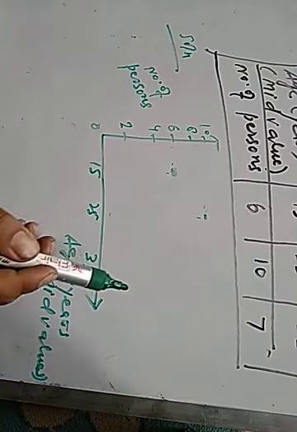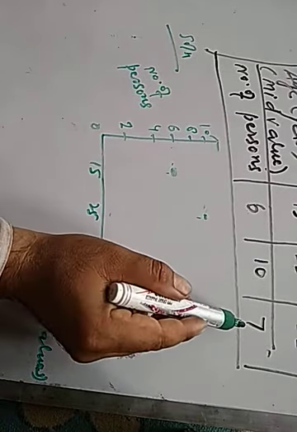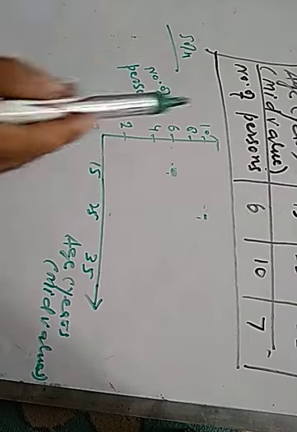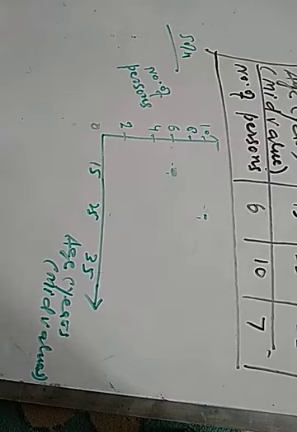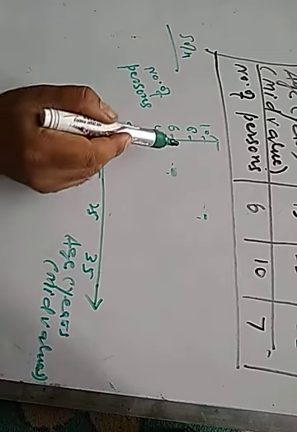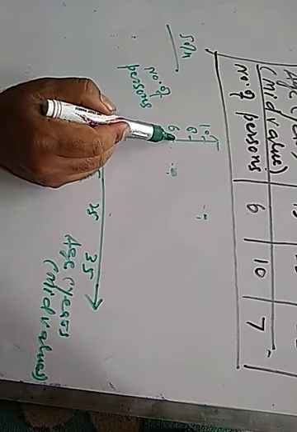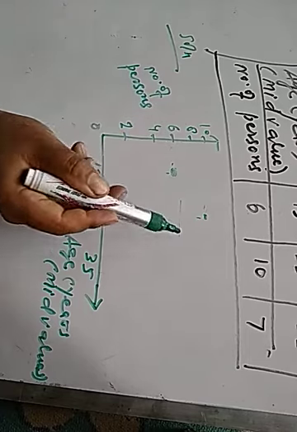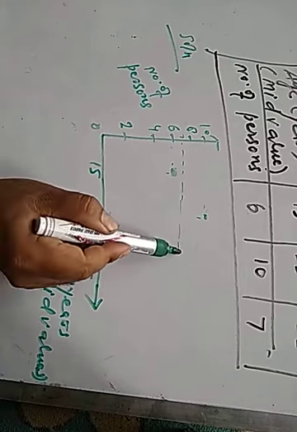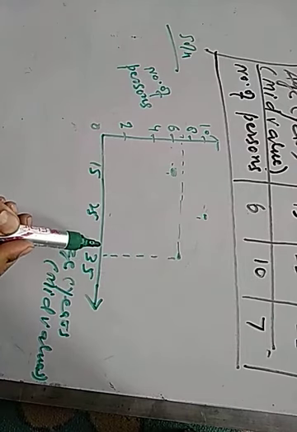And for the last mid value, which is equal to 35, the number of persons whose age is equal to 35 years, the 7 will lie between 6 and 8 here. This will be the 7 and this will be the mid value equal to 35.